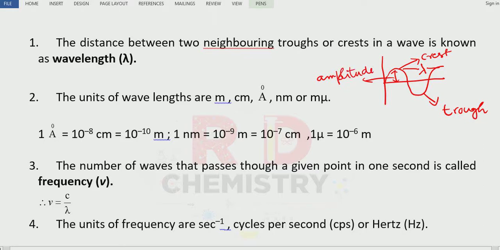Now let's see some points about this wave. The distance between two neighboring troughs or crests in a wave is called the wavelength, lambda.